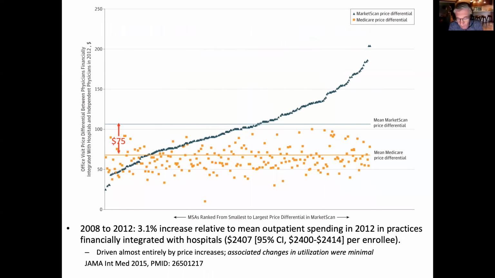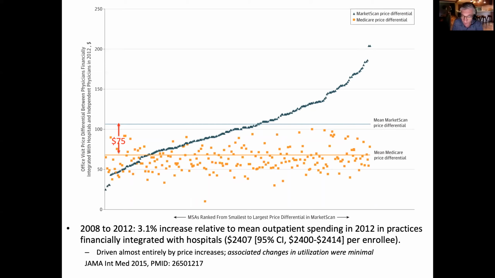And one of the unfortunate effects of the ACA was that in trying to promote the merger of healthcare systems to hopefully drive down administrative costs, what the law accidentally did was just give each healthcare system more negotiating power. So if you took two moderate-sized healthcare systems and combined them into one giant integrated healthcare system, it just gave them more negotiating power with insurance companies.